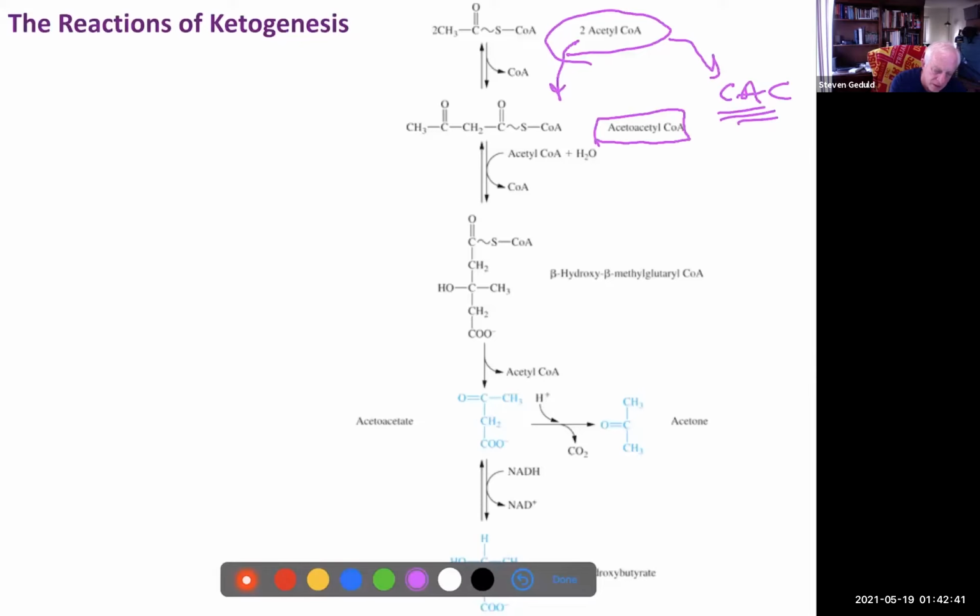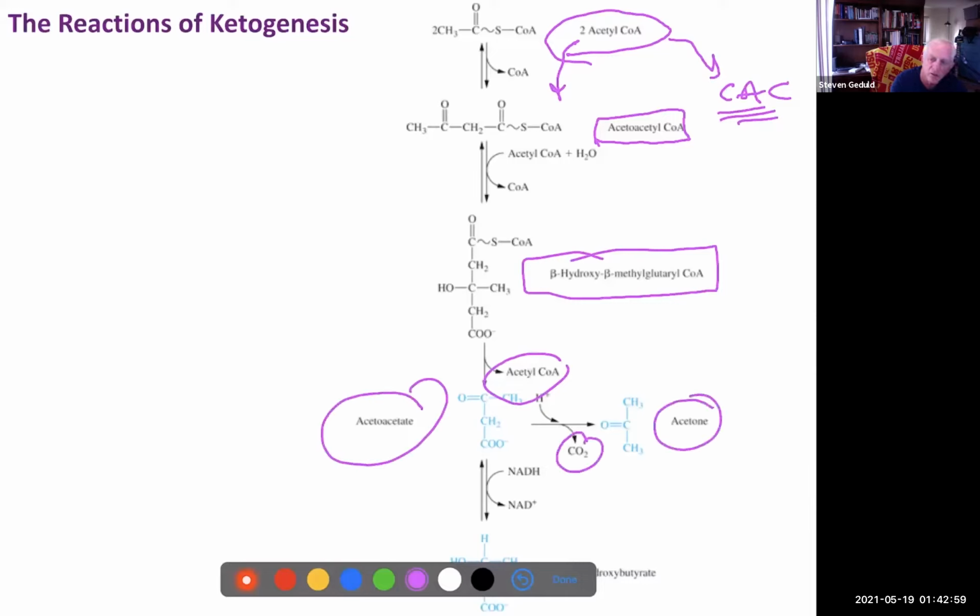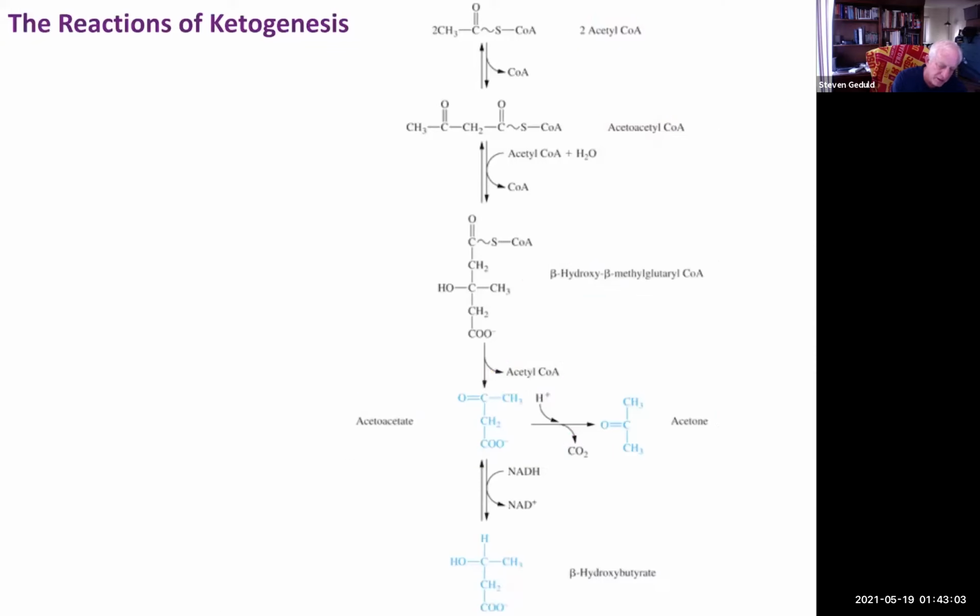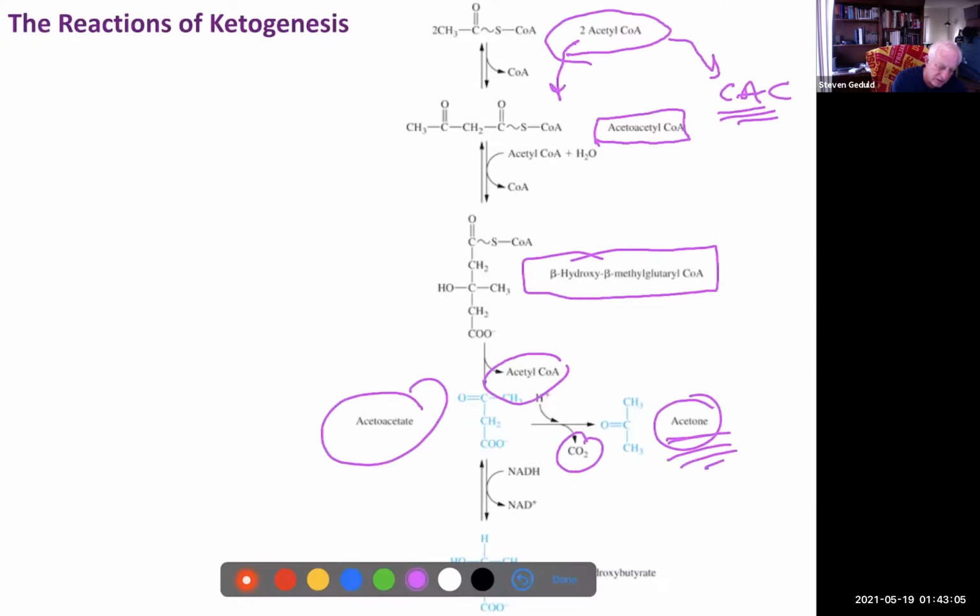Okay. It can add another one to it and get beta hydroxy, beta methyl glutaryl coenzyme A. This can give off another acetyl coenzyme A and form acetoacetate, which can spontaneously give off carbon dioxide to form acetone. And that's what you smell in your patient's breath when they have uncontrolled diabetes, that acetone right there.